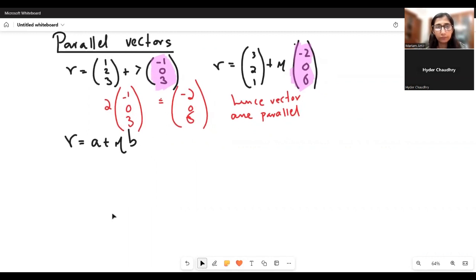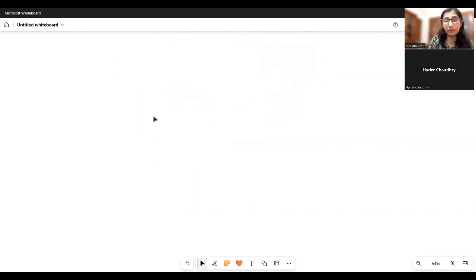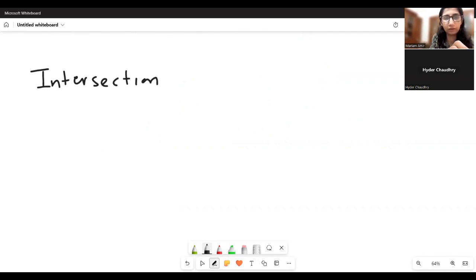Anyway, now let's talk about intersecting vectors or skew vectors.